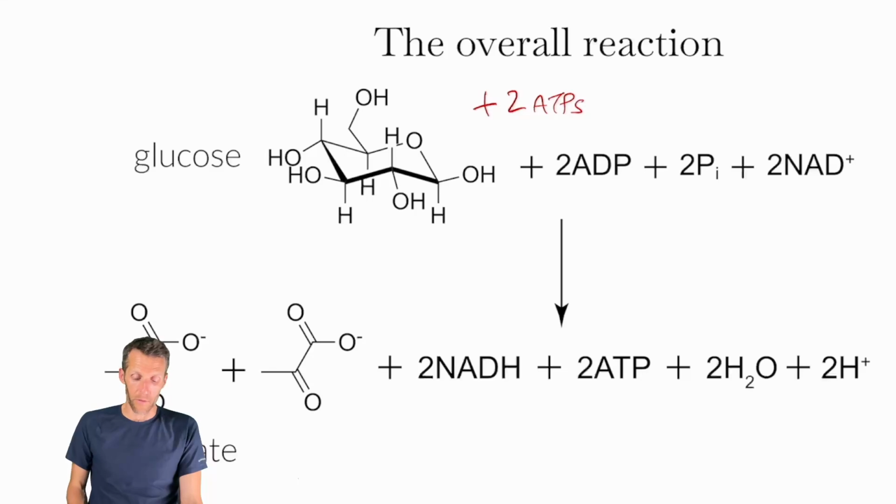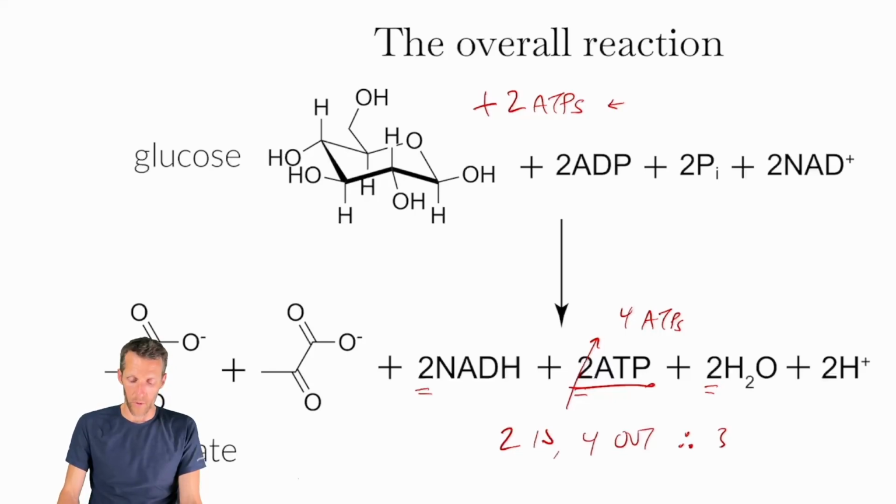Our final output of the reaction is going to be 2 NADHs, 2 ATPs, and 2 H2Os. But in reality, this is 4 ATPs, right? We spit out 4 ATPs over the course of the reaction. We invested 2 ATPs at the beginning, and so you subtract those out. Basically, where this comes from is 2 in, 4 out, therefore 2 ATPs.